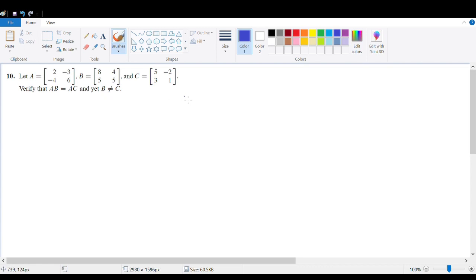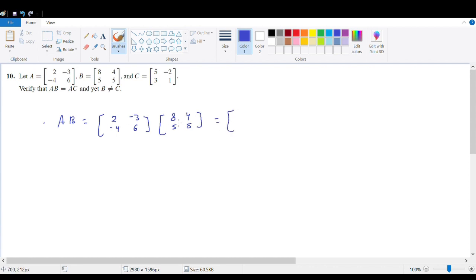In 10, let A be equal to 2, minus 3, minus 4, 6, B equal to 8, 4, 5, 5, and C equal to 5, 3, minus 2, 1. Verify that AB is equal to AC and yet B is not equal to C. So AB is equal to 2, minus 3, minus 4, 6 multiplied by 8, 4, 5, 5.